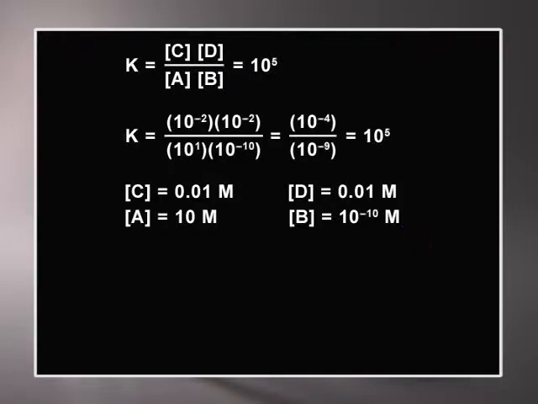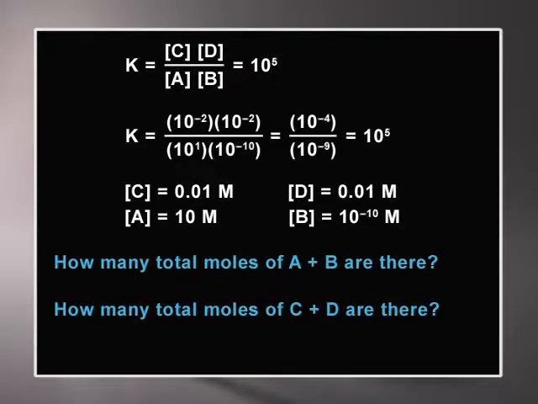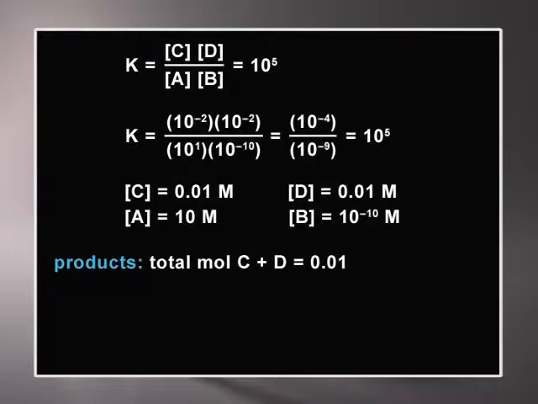Now let me ask a different question. How many total moles of reactants are there in that container, and how many total moles of C and D, the products, are there? Well, there's 1/100th of a mole of C, I'm assuming a 1 liter container, and there's 1/100th of a mole of D. So altogether, inside that container, there are only 2/100ths of a mole of products.